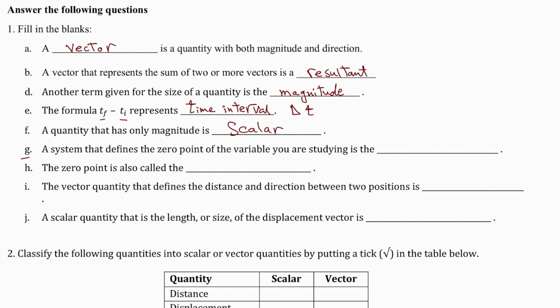G. System that defines the 0 point of the variable you are studying is the coordinate system. H. The 0 point is also called the origin.